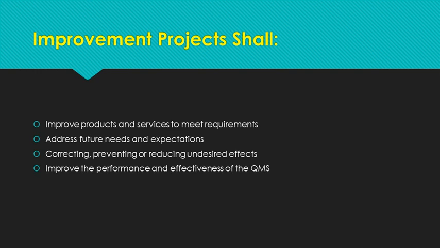So there's a category of problem that you know will crop up in about 0.01% of the product, but you want to eliminate it. Or there is a feature, like in a cell phone, that you see that people would like. So that's an improvement project. It can be correcting, preventing, or reducing an undesirable effect.